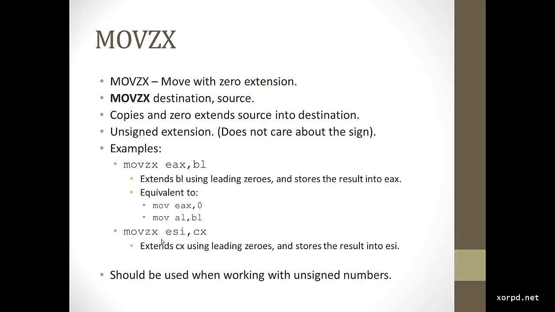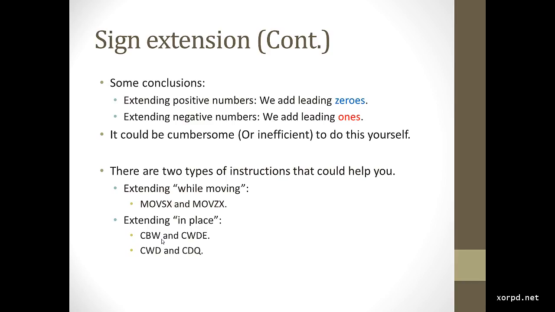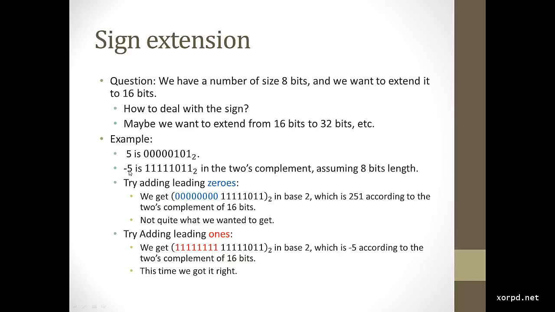Don't mix it up. Don't use it for signed numbers, because signed numbers do not extend very well with zeros, as we have just seen. I remind you that when we tried to extend -5 to a number of size 16 bits, if we try to do this with leading zeros, it doesn't work. We got a strange number. We got 251. But when we tried to do it using leading ones, it did work.